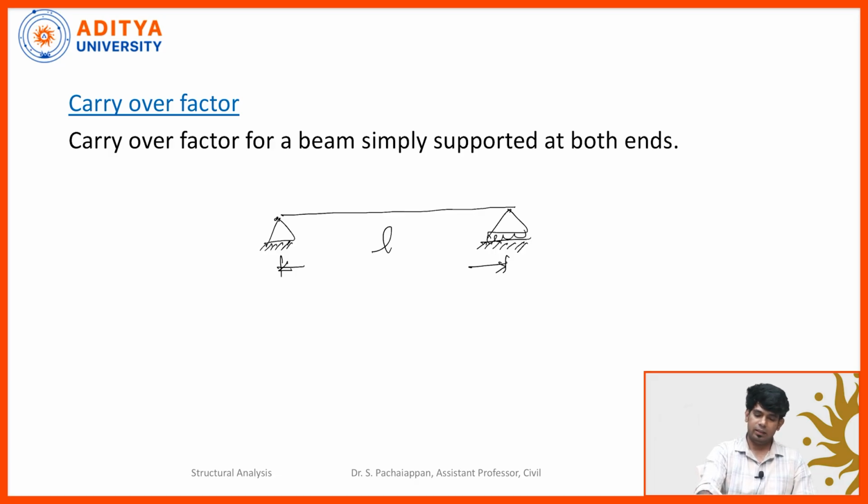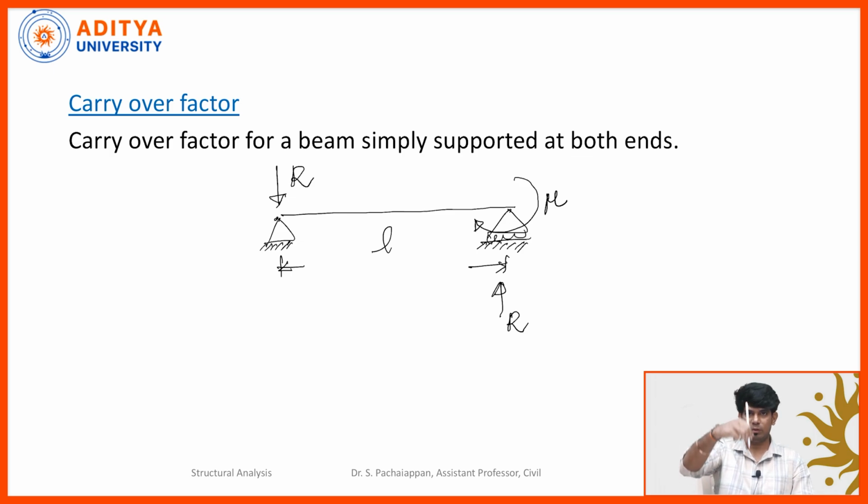Here I am going to apply the clockwise couple, which is mu, and our reaction force R will act in the upward direction here, and here we have the reaction force R in the downward direction. Because here the clockwise couple is there, to counteract that, the reaction force will act in a downward direction.